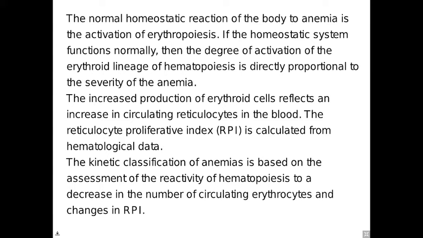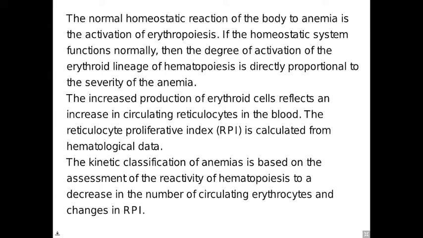Bone marrow must compensate the previous blood loss. But when we do not see this activated erythron, this increased level of reticulocytes, when we do not see an increased level of red blood cells, it means something is wrong with the bone marrow. And in this case, additional diagnostic steps must be undertaken.